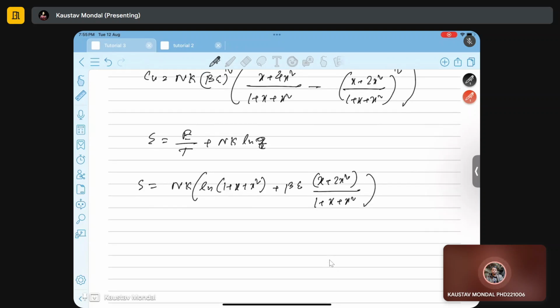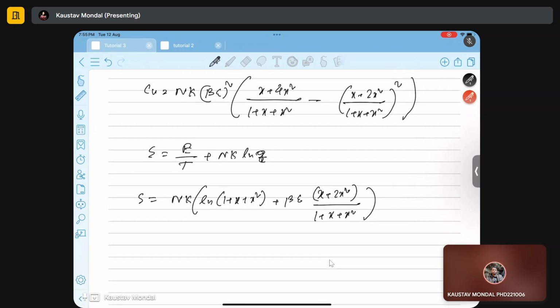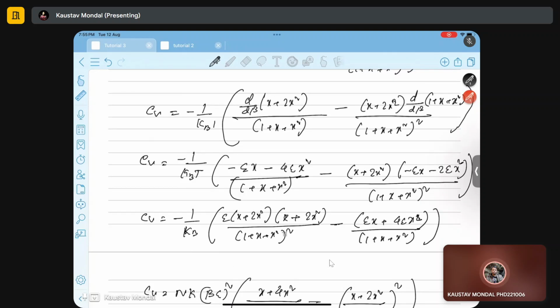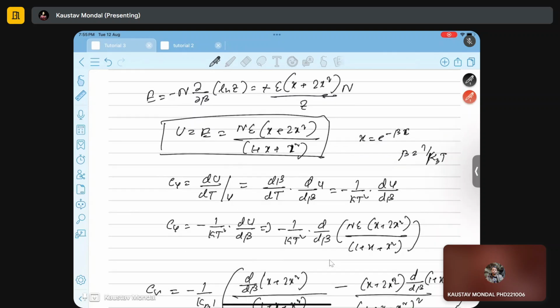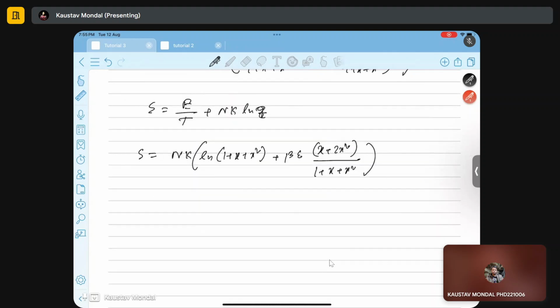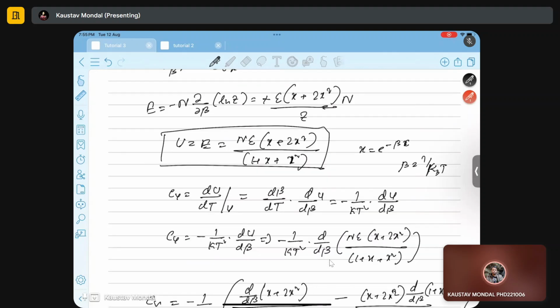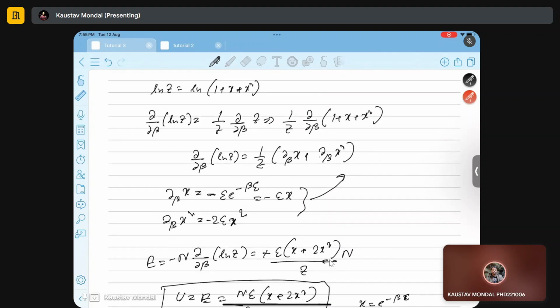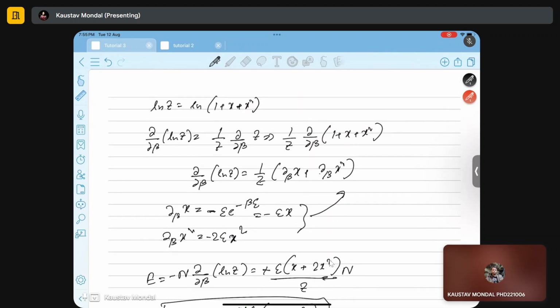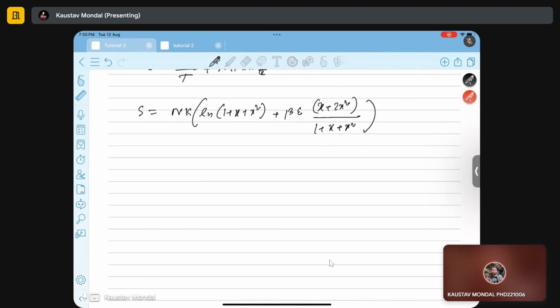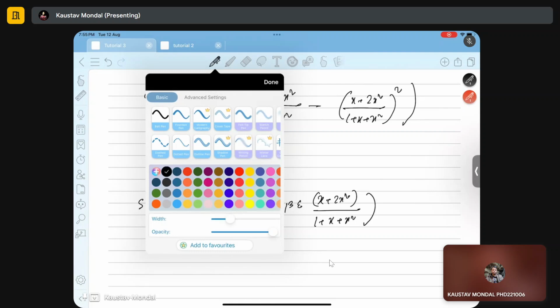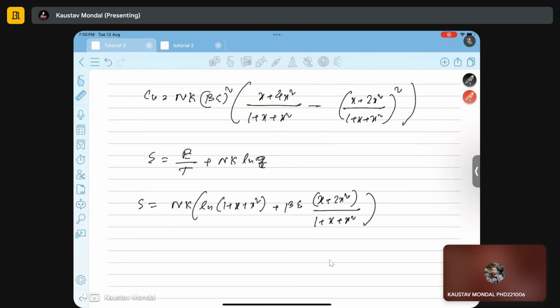If you do the mathematics, you already know E and you already know ln Z. This term comes from ln Z and this term comes from the total energy E. So this would be the expression of the entropy of the system.